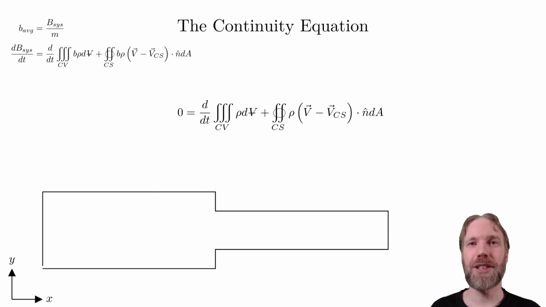Let's do one more example with a pipe that changes its diameter. Call the pipe inlet velocity V_in and outlet velocity V_out. We can now define the control volume with the inlet at the wide diameter and the outlet at the narrow part of the pipe. We add the normal vectors out from the control volume.